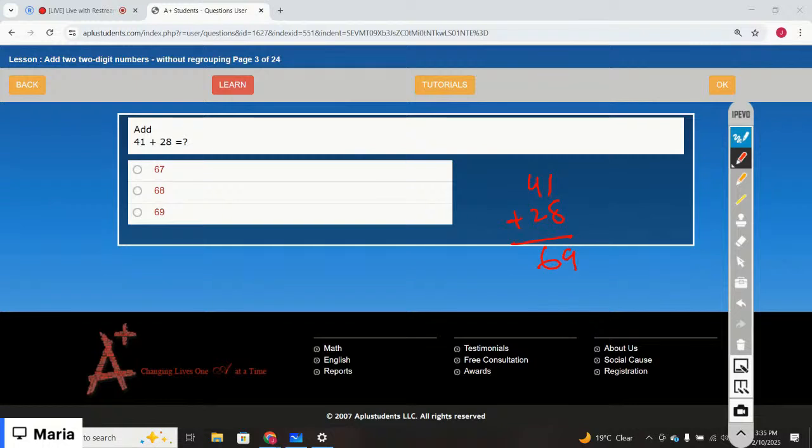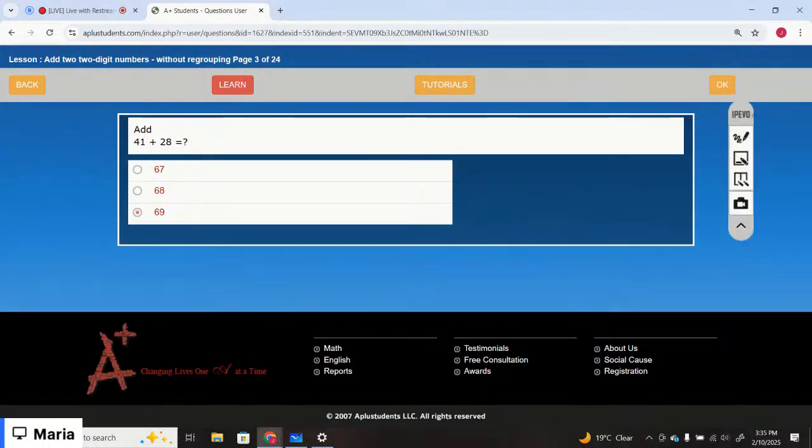So 4 plus 2 is 6. So the correct option is 69. Option number 3 is the correct option. That is 69.